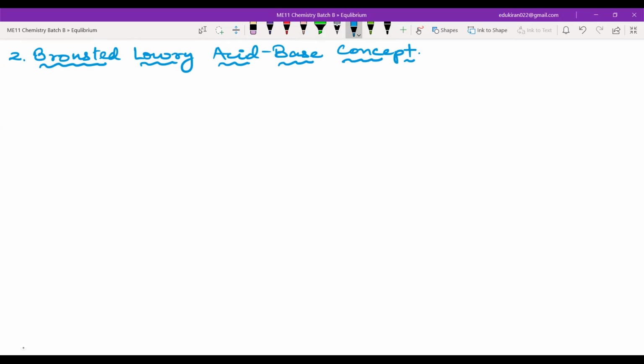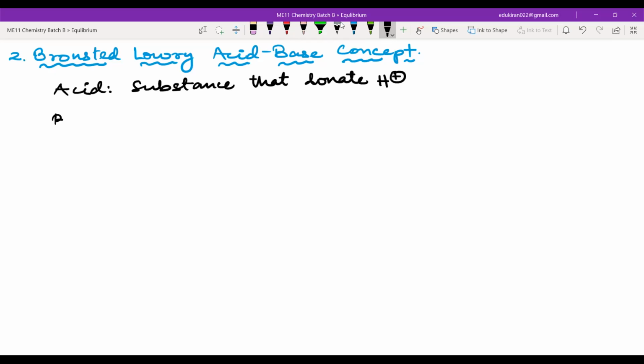Now, in the Bronsted-Lowry acid-base concept, this is also very simple. Rather, I would say you don't have to remember anything. What is an acid? A substance that donates H plus. And a base, what is a base?